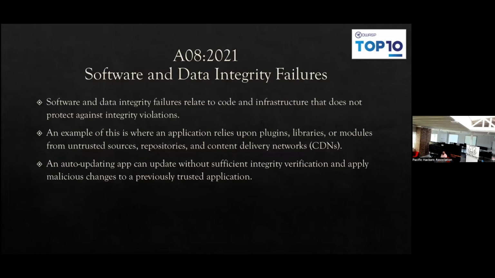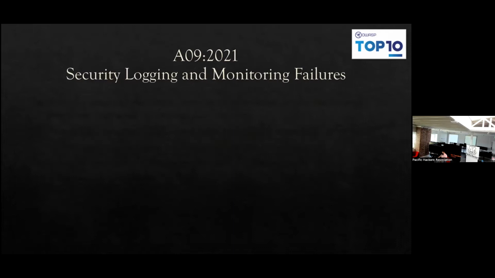So your library, like open source, can be compromised. Someone can add something, people miss the backdoor or what have you, and it gets pushed out to every single person using it, and that's an issue.